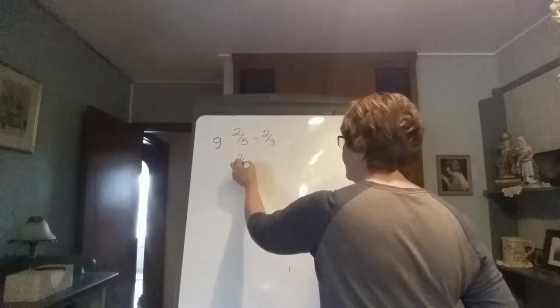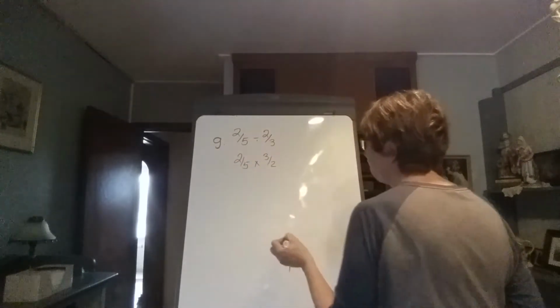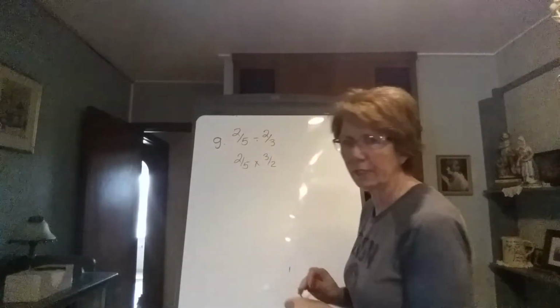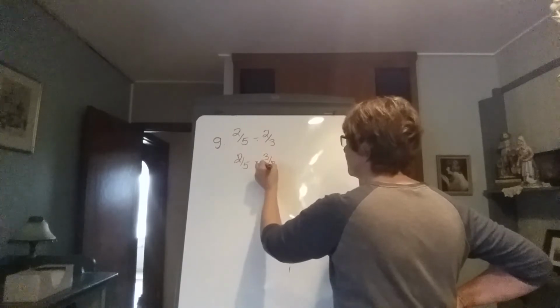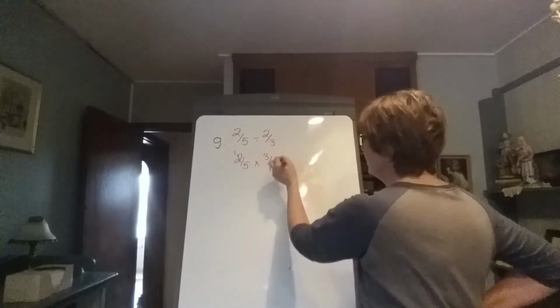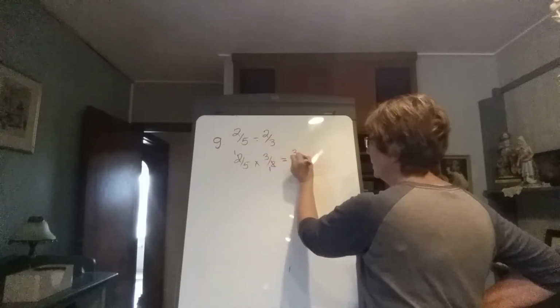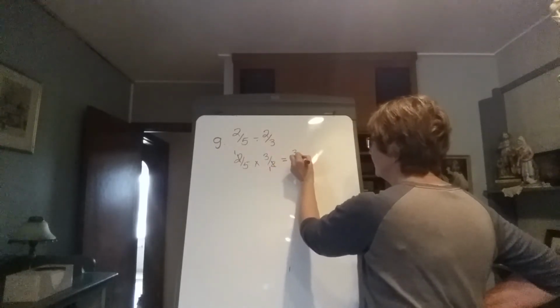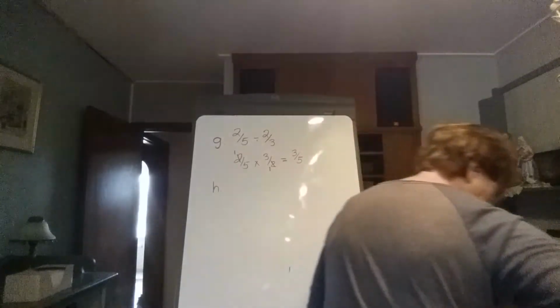Find the reciprocal. 3 over 2. Now we're going to do some canceling. These two are not related, so you can't do anything there. So 1 times 3 is 3, and 5 times 1 is 5.